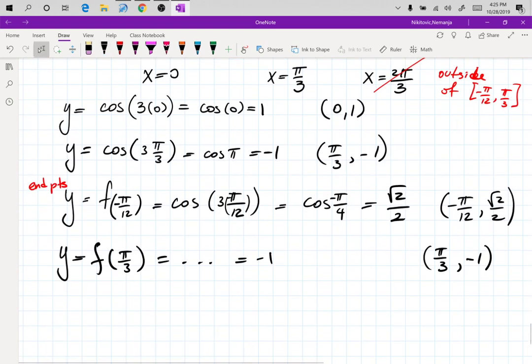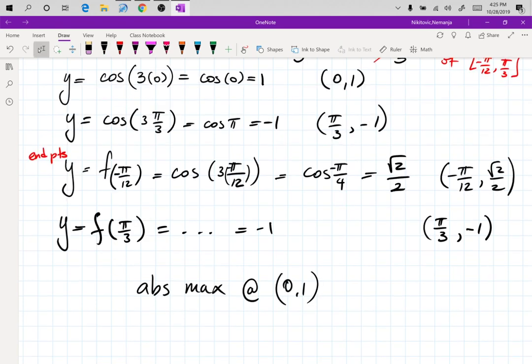So now, since there are no interruptions in the domain or anything like that, we know that we have the absolute max at (0, 1) and the absolute min at (pi over 3, negative 1).